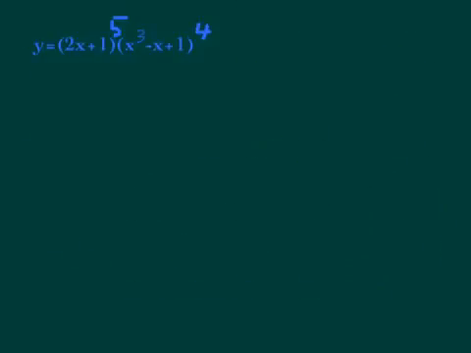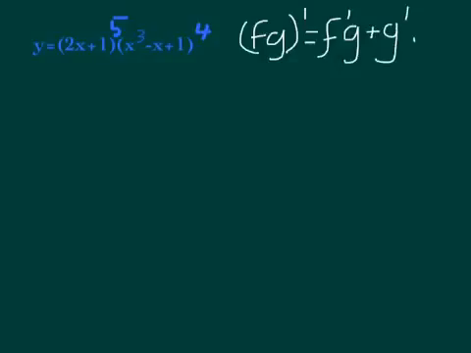Okay, next I've got this function, y equals (2x plus 1) to the power of 5, multiplied by (x cubed minus x plus 1) to the power of 4. Now, if you remember our product rule, we're going to apply it to here.